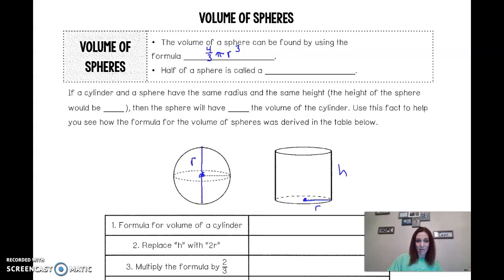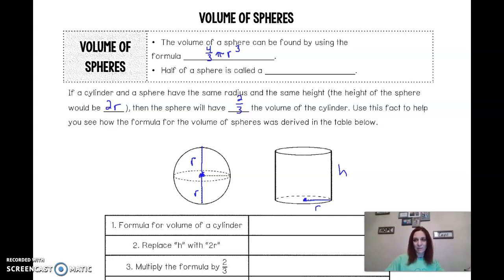This would be r to the center, and this would be r. So the height of the sphere will be 2r. And this one we're not going to try to figure out, but the sphere is going to have 2/3 the volume of the cylinder. Okay, we're just going to go with that. Like a cone is 1/3 the volume of a cylinder, a sphere is going to be 2/3 of it.